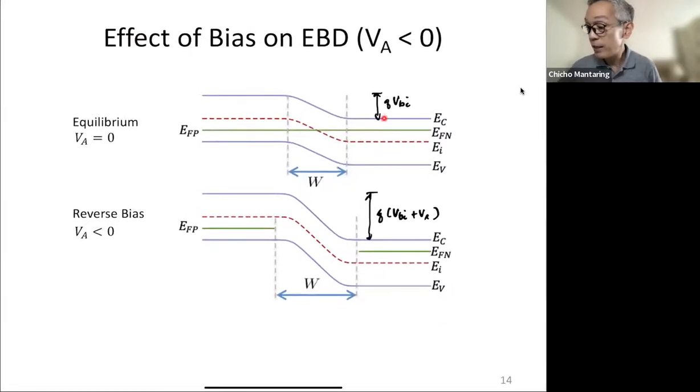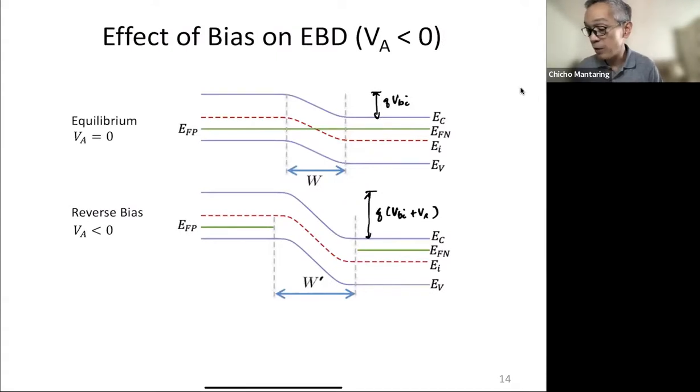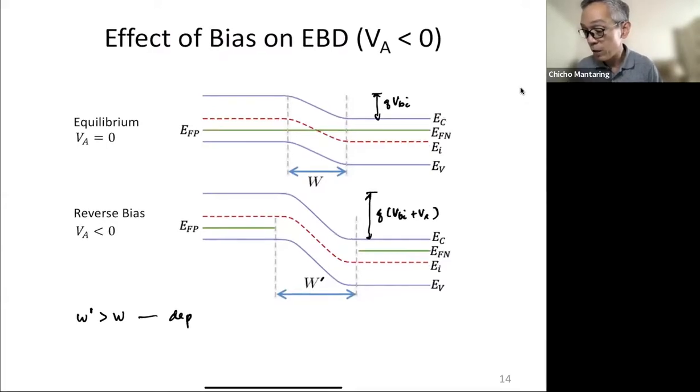This now is going to get bigger, and my depletion region, W prime, is going to be greater than W. The depletion region becomes wider.